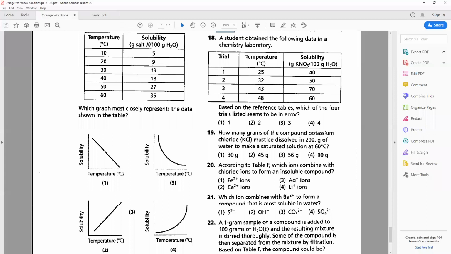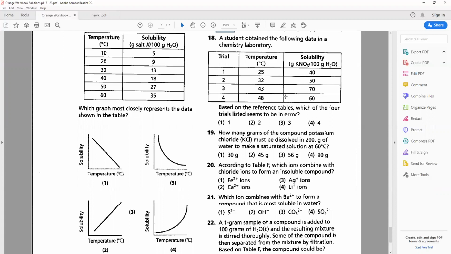If we go back to the table, we're going to see that it increases from 40 as the temperature increases, the solubility increases, but then at 48 we see a drop. So therefore, which one seems to be in error? It's going to be choice 4, because it should be higher than 70 based on the graph trend.